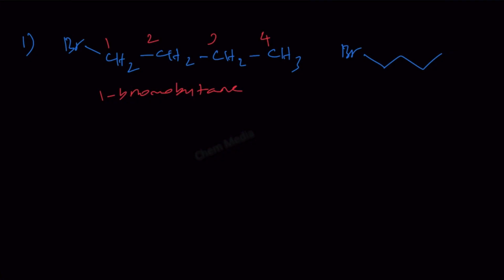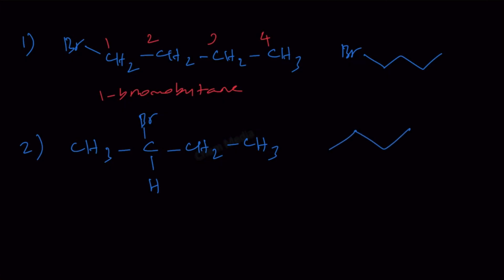So, that is 1-bromobutane in bond line notation. And then number 2, we can also write 2-bromobutane. That is CH3 CH Br CH2 CH3 and the corresponding structure in bond line notation will be 1, 2, 3, 4 and then bromine at 2 position. So, this is 2-bromobutane.